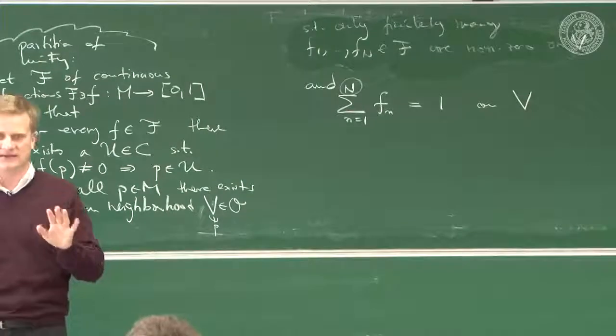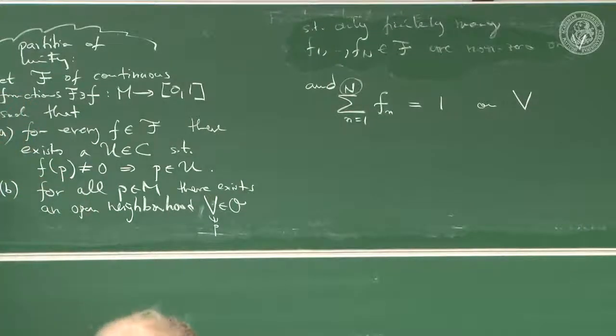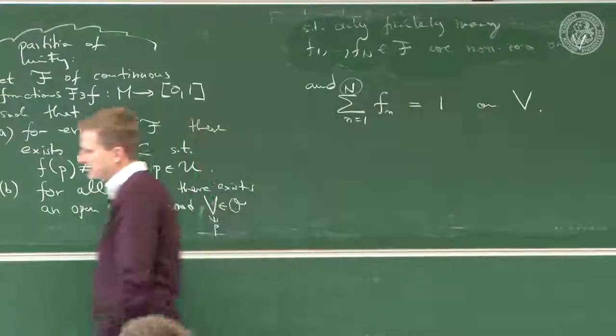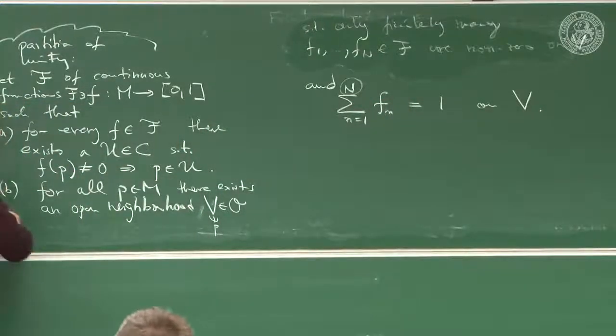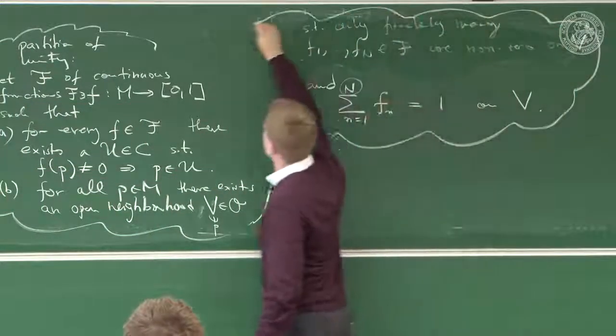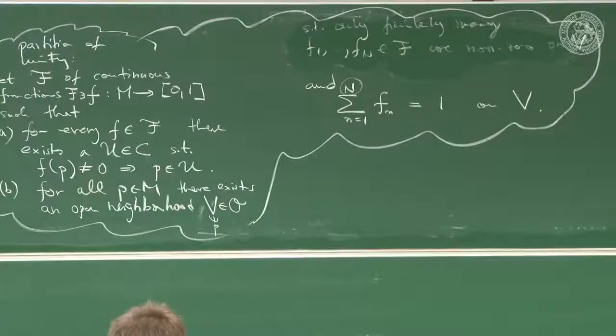This will become clear later. I just want to give you an idea of why this is so important. Okay, so this is a partition of unity subordinate to some cover.